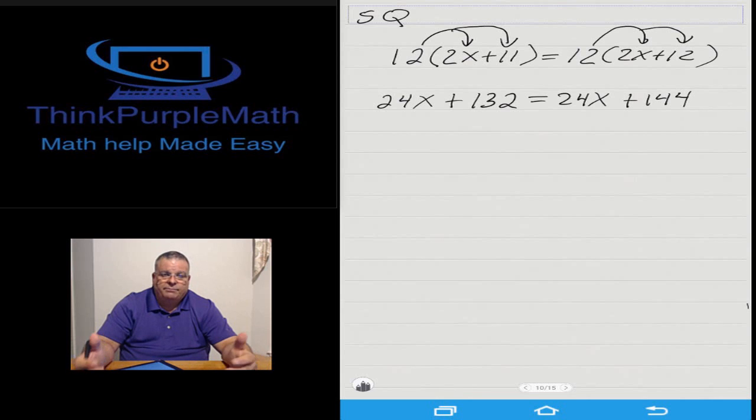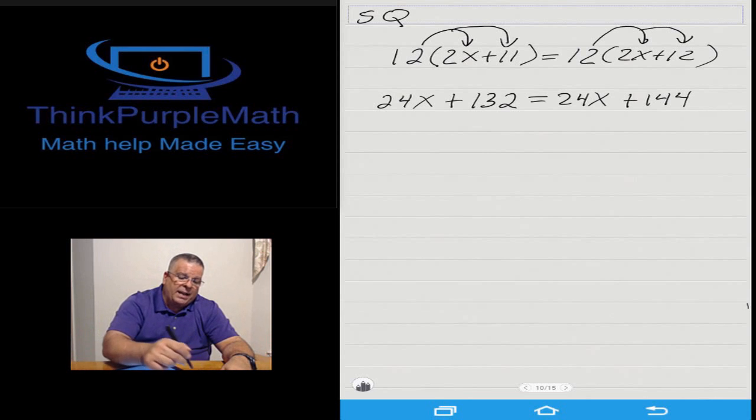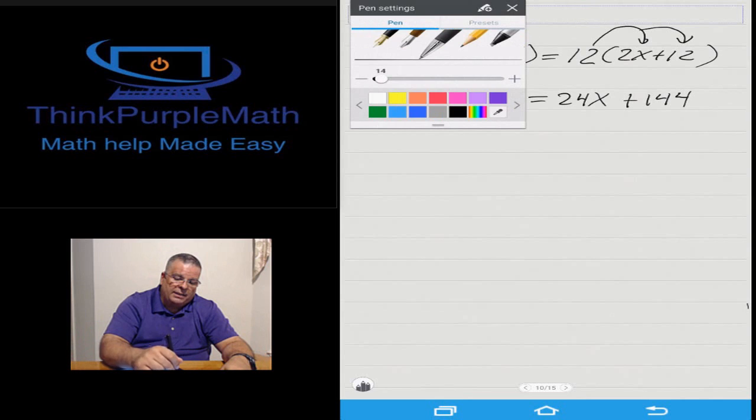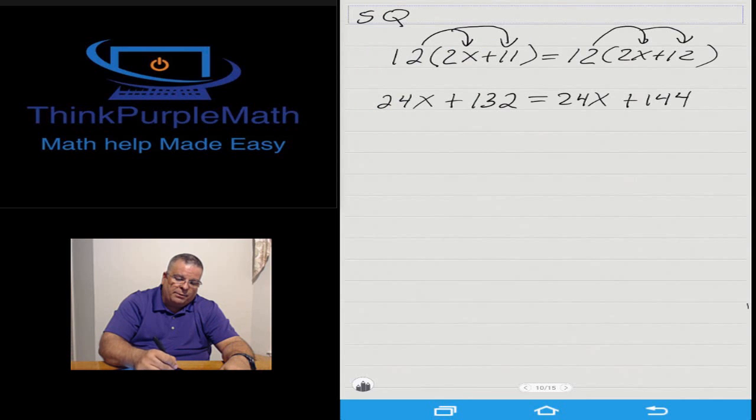Okay. Knowing me, I'm going to try to get my variables together on one side. So I see 24x on the right, I see 24x on the left. I'm actually going to subtract 24x on both sides. And in this example, I'm going to use an alternate color. 24x and 24x.